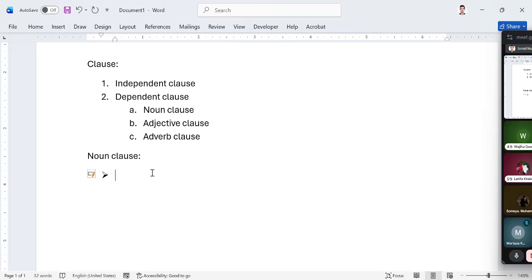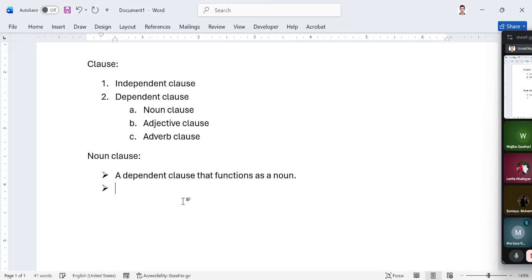Very good. Okay, so let's go ahead. As your classmate mentioned, a noun clause is a dependent clause that functions as a noun.